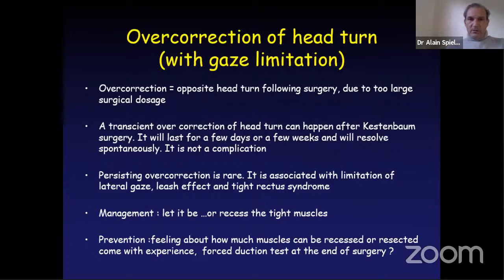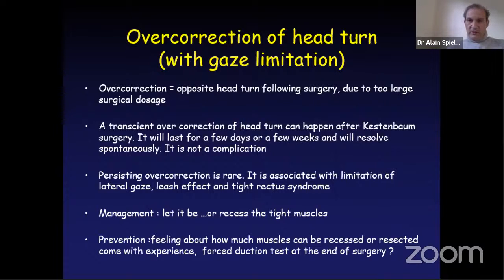What I really call overcorrection is persisting overcorrection over time. In fact, this is rare, and it's associated with limitation of lateral gaze, because there is a leash effect due to tight rectus, and you may have also a vertical deviation associated with tight rectus.